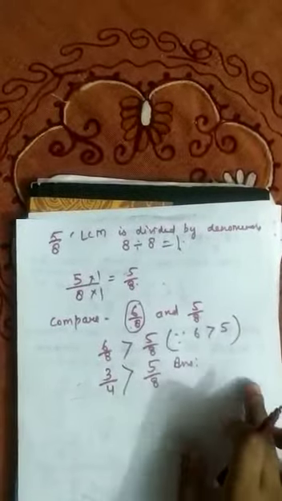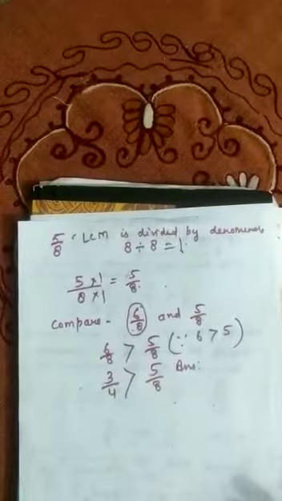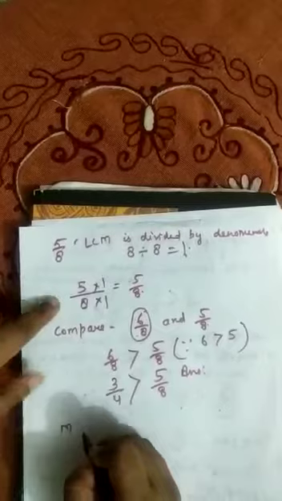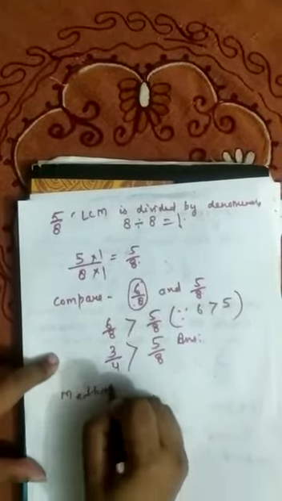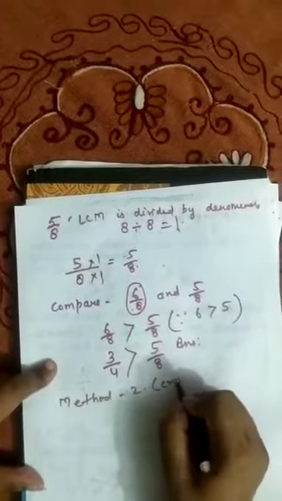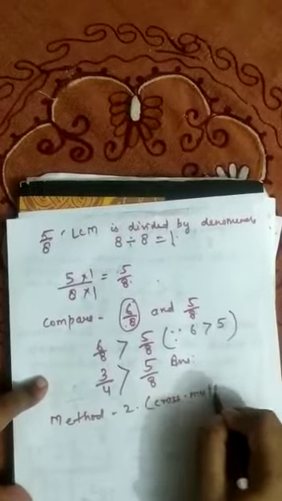Right? Now this is the first type of comparison. Now come to method number 2. This is the first method. In method number 2, we have to do cross multiplication. Very easy it is. Cross multiplication.